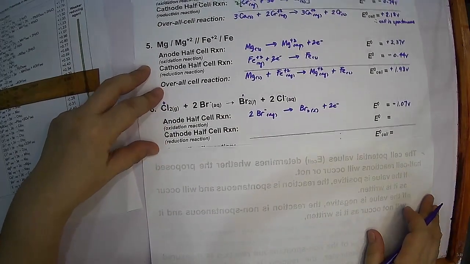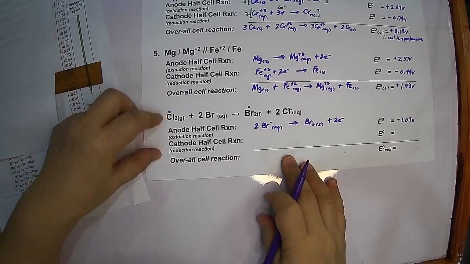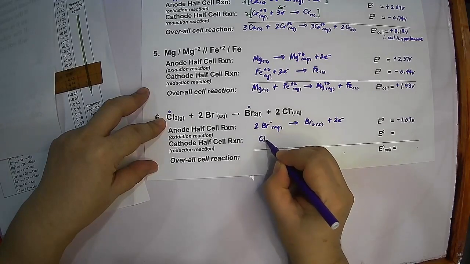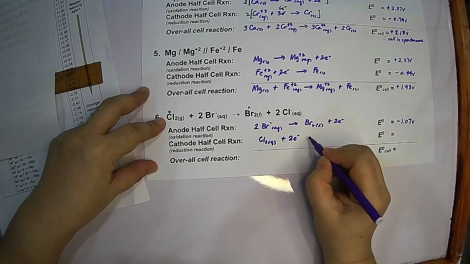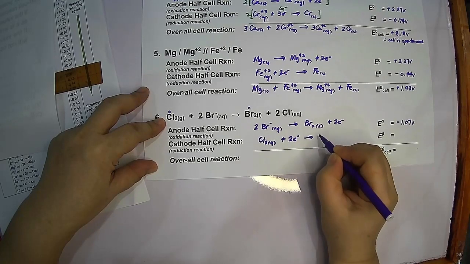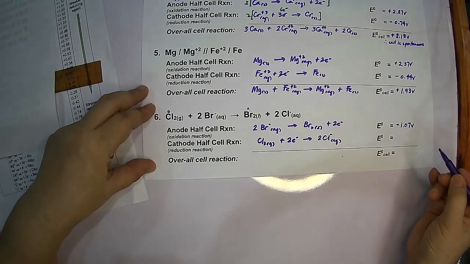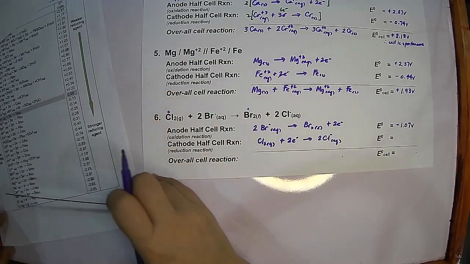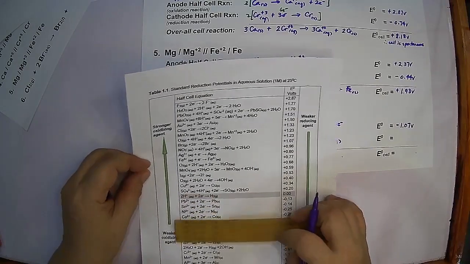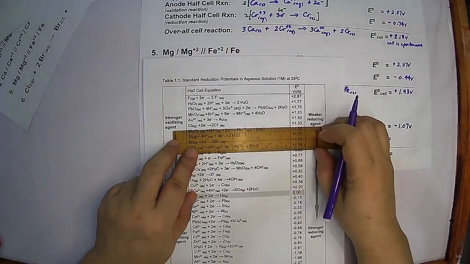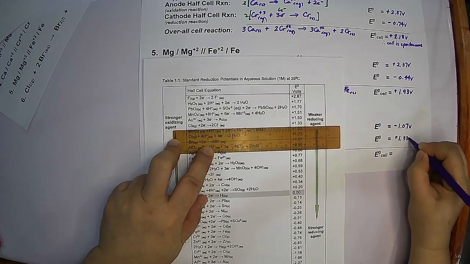So at the cathode, there must be a reduction reaction. So it is the chlorine gas that will accept the 2 electrons given off by the bromide, producing 2 chloride ions. Okay, so referring to your table for chlorine undergoing reduction, that is positive 1.33 volts.